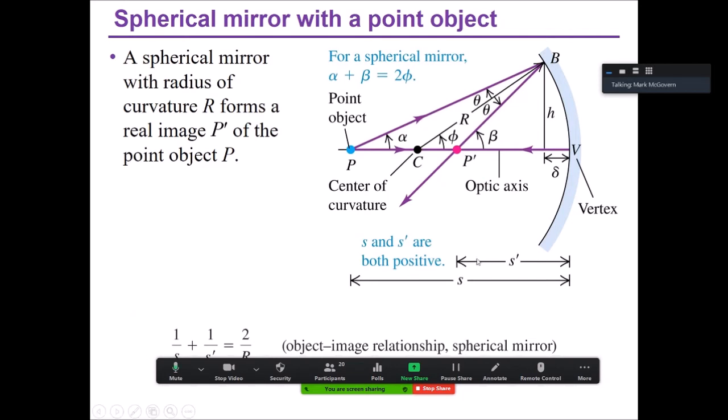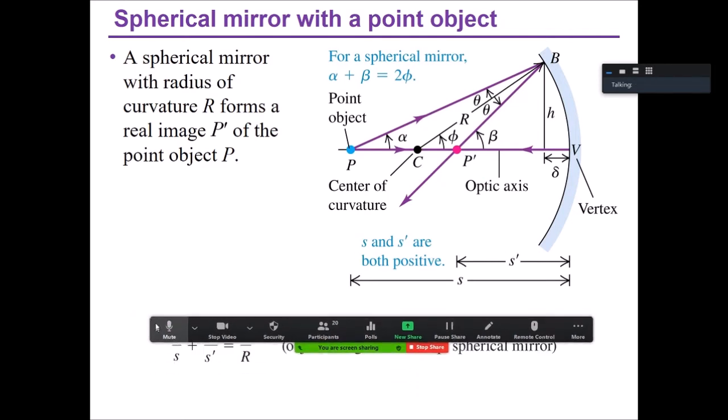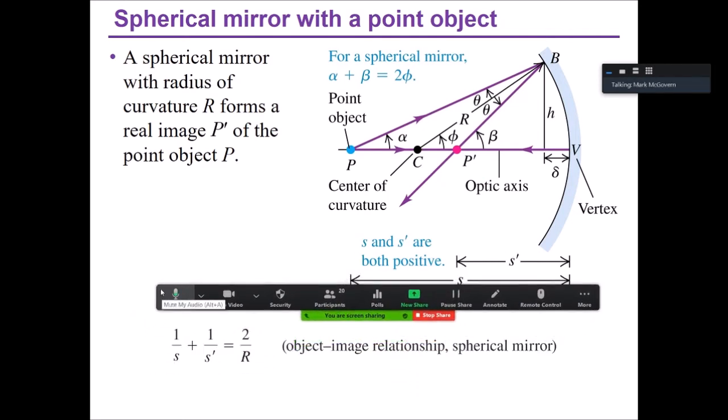All right, here is our relationship. We have our point of interest, which we'll call P here. We have our center of curvature, C. And we are interested in determining where our image distance is going to be.